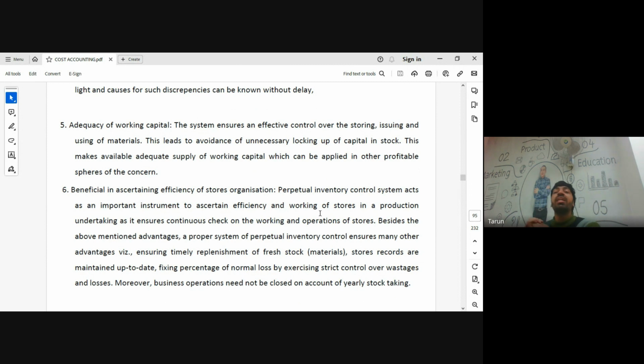The virtual inventory system plays a very important role, and it is also a very prominent tool to ascertain the efficiency and working of the stores in production organizations, so that continuous stock checking will be possible and we can easily operate the workings of the particular stores. So this is also an advantage of the virtual inventory system.